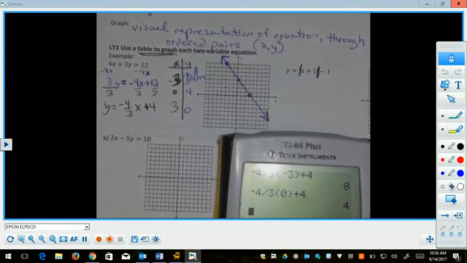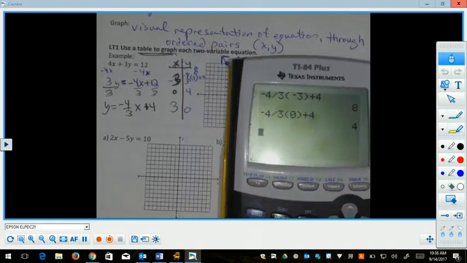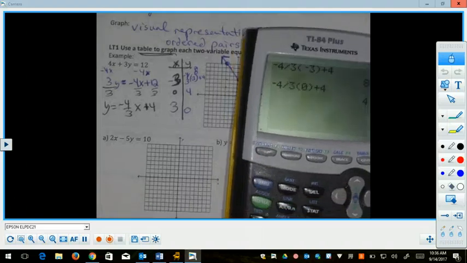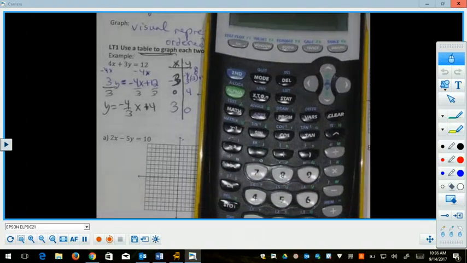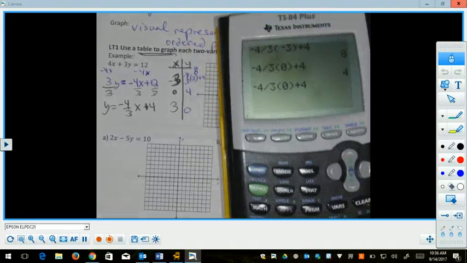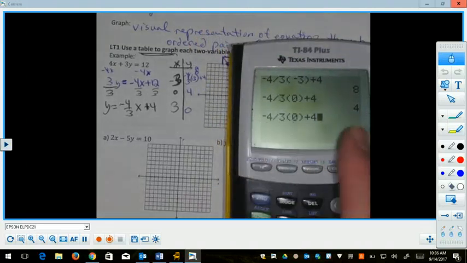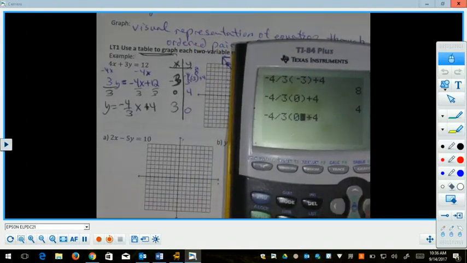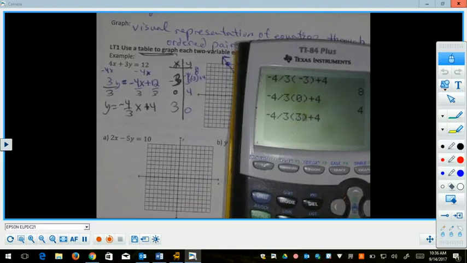In the graphing calculator you can actually hit the second key and the enter key. So second enter, and it will paste the equation in for you, so you can just go back and change the number that's in parentheses. Your graphing calculator can't? I don't know, it's not working. I'll have to look at it. Oh, don't use the up arrow.